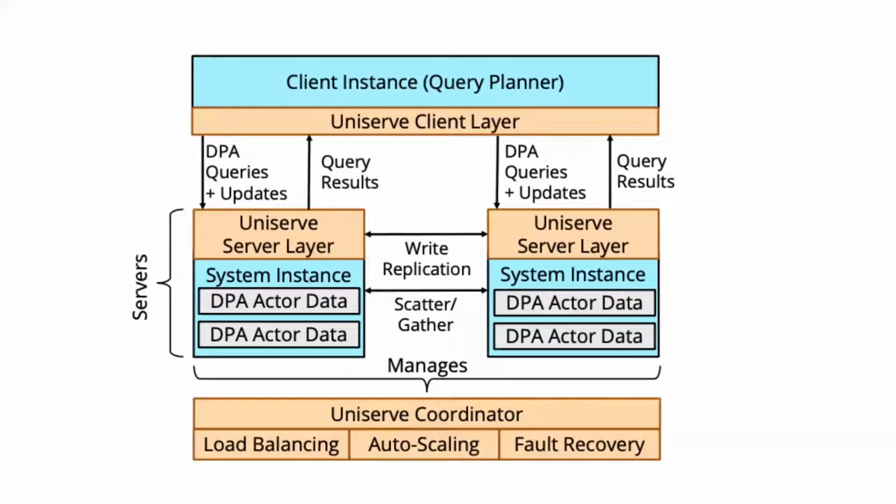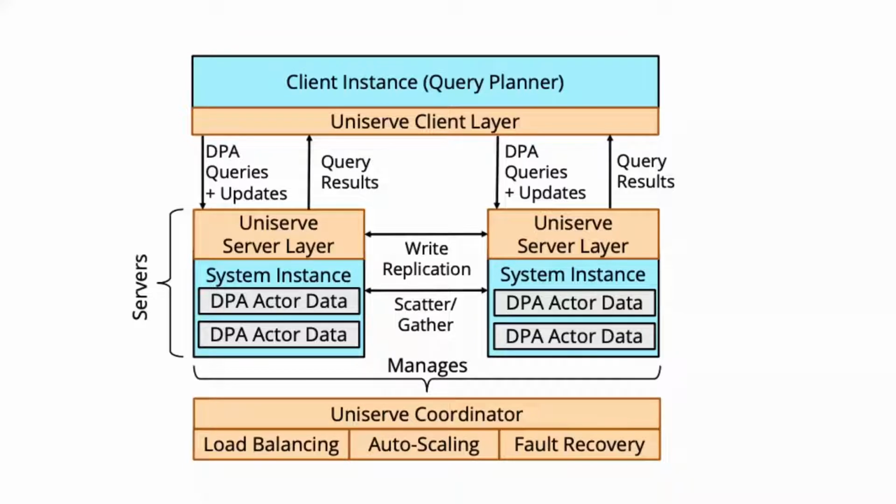A Uniserve cluster consists of many data servers, and each server runs a thin Uniserve layer over the developer provided code that we have just seen. Clients send queries and updates to the servers. Each client also runs a thin Uniserve layer over the developer provided query planner.